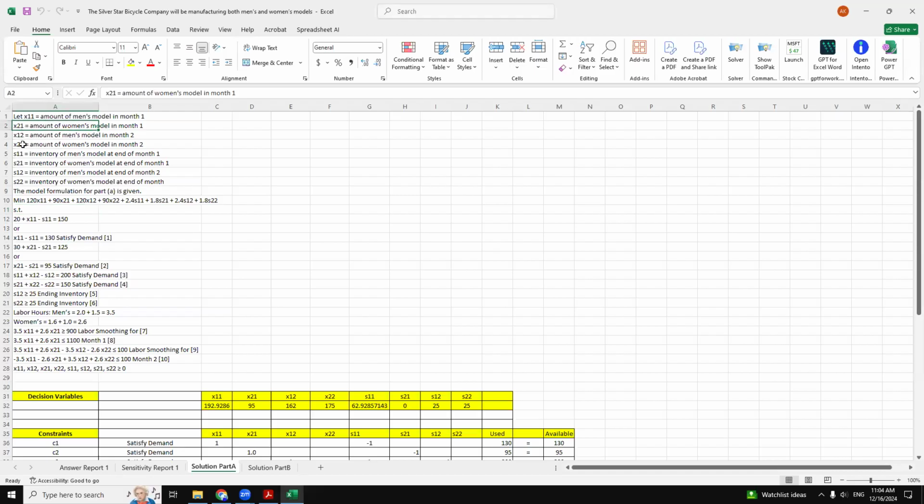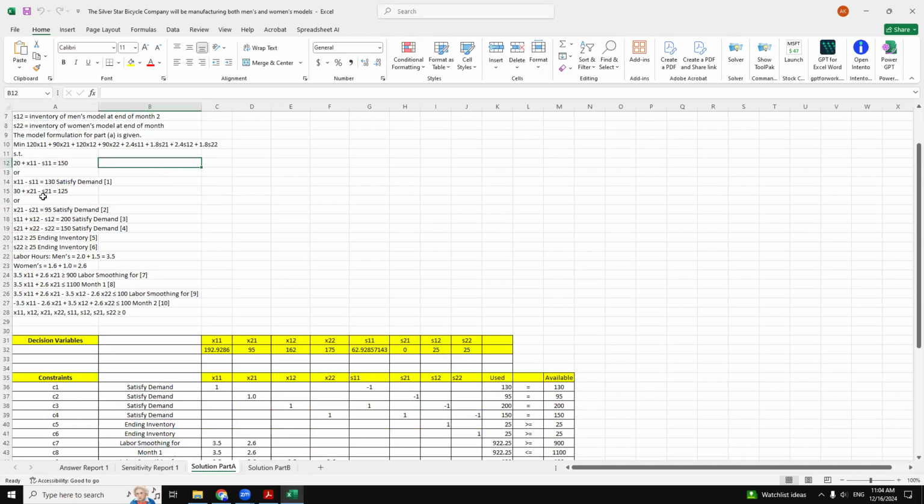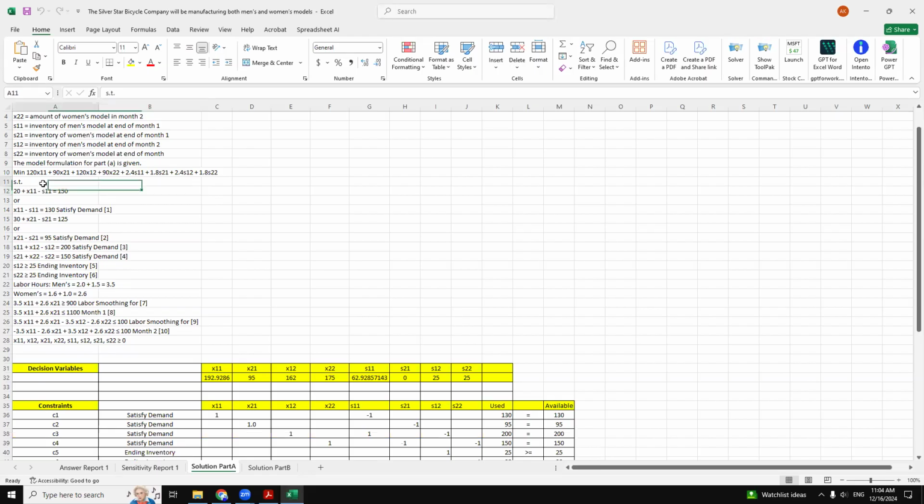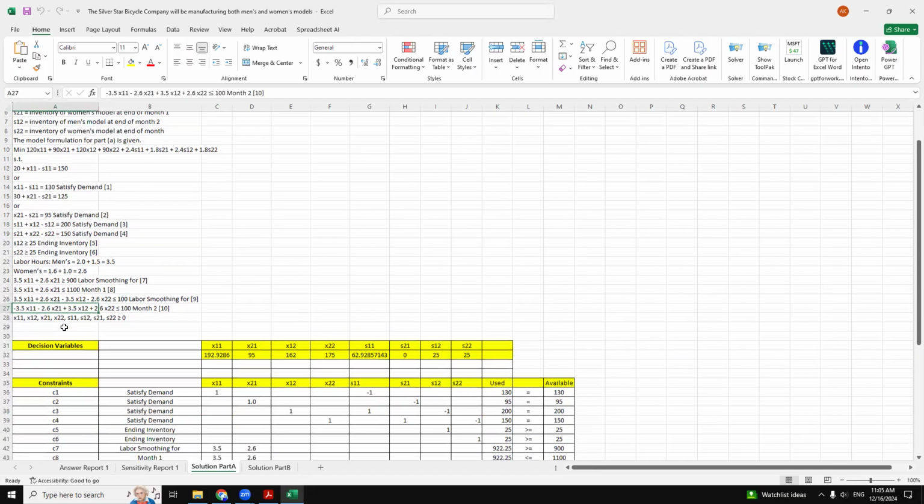X11, X21, X12, X22, S11, S21, S12, and S22 are the variables that I have assigned for each month. This one is our minimum cost objective, and these are all the equations that we have formed. In all, we have around 10 equations here.